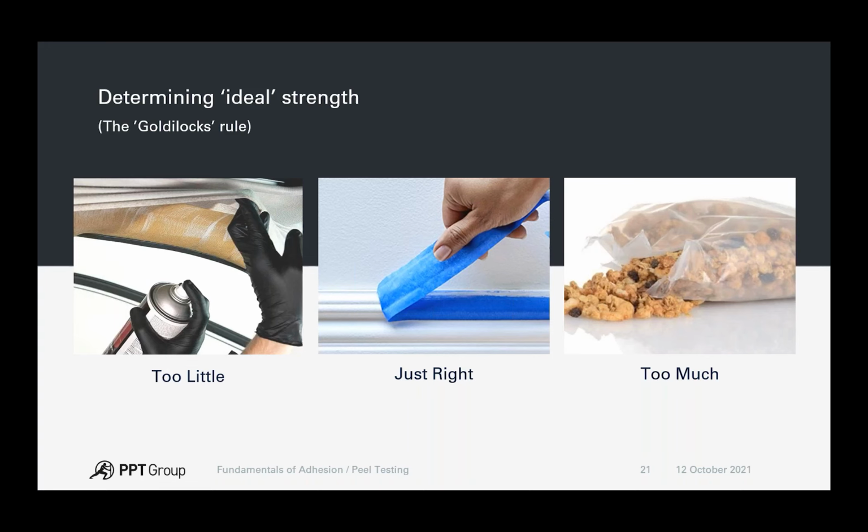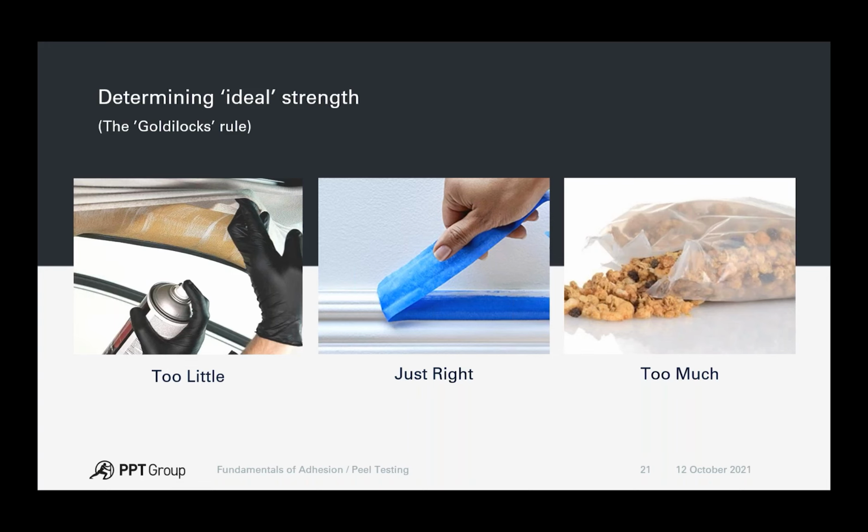Or from an engineer's perspective, what's too little, too much, and what quantity of adhesive or what strength is just right for the application? If the adhesive isn't applied properly and isn't strong enough, you'll find the headliner in your car looking something like this, and you'll have to re-glue it in place. Or if the seal on your breakfast cereal is too strong, it'll end up on the floor instead of in your bowl.